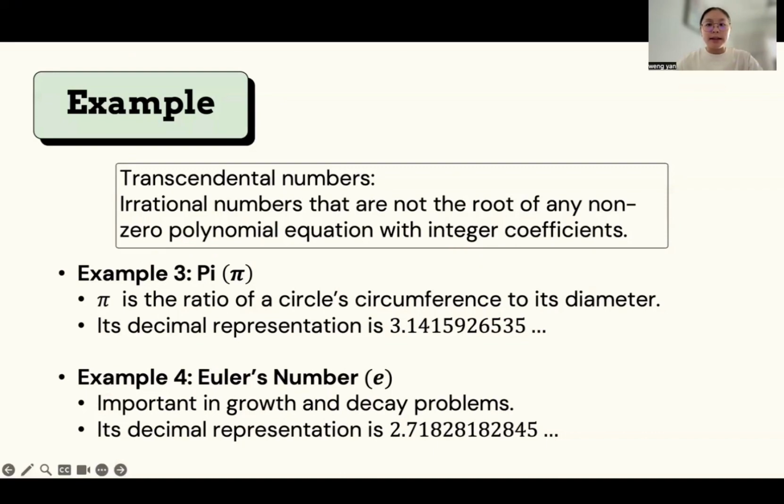Since we cannot express it as a simple fraction, its decimal representation goes on forever without ever falling into a repeating pattern. The second famous number is Euler's number, symbolized by e. Euler's number is critically important, especially in areas dealing with continuous growth like compound interest or population dynamics.